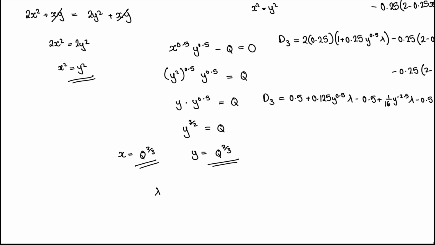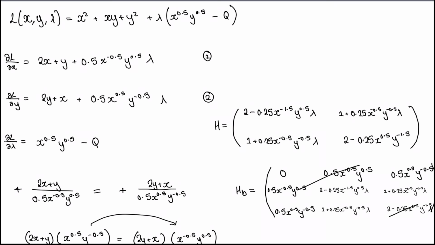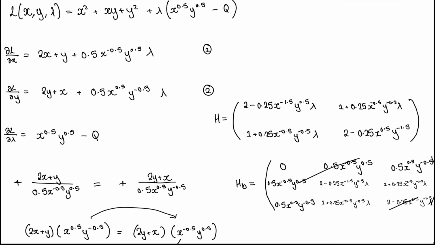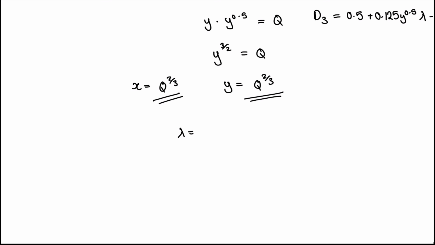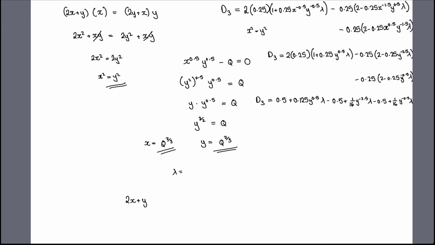If we go back here and work out the value of lambda, subbing it into the first equation, 2x plus y plus 0.5 x to the power of 0.5 minus y to the power of 0.5 lambda is equal to 0.